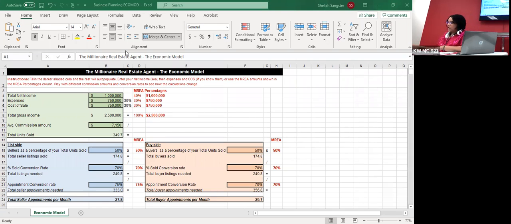So now for homework, you get to go through the process of the economic model and put those numbers in your book, and then you'll be ready for your lead generation model at next class.